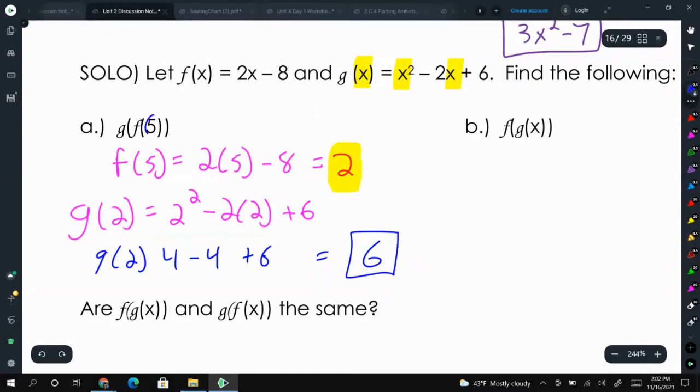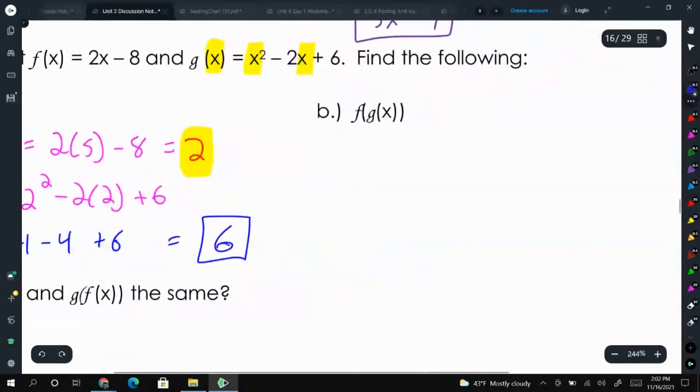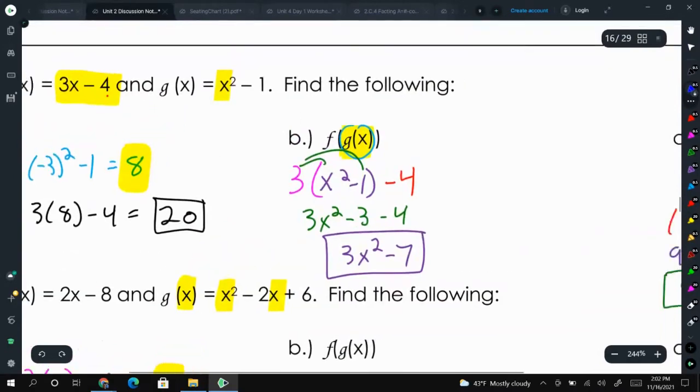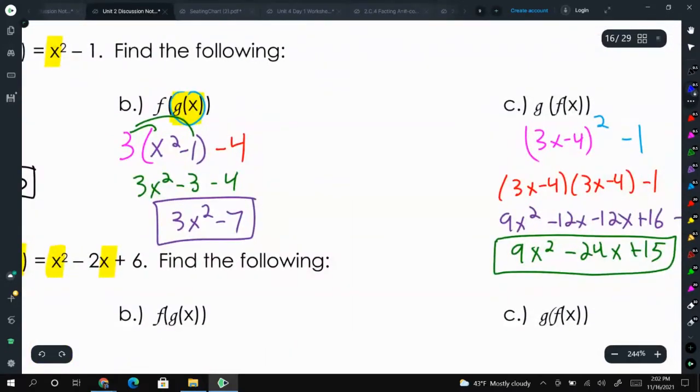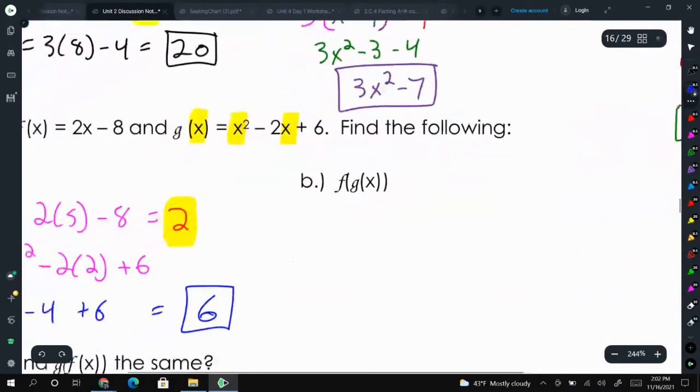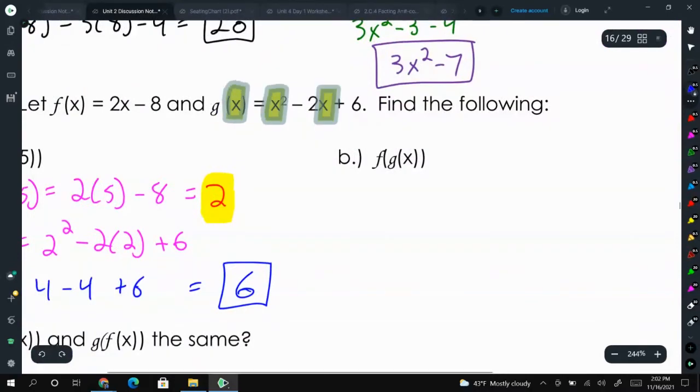So if we have a number, our answer is going to be a value. But if it's just g of x or f of x that we're plugging in, then our answer is going to have x in it. So here, f of g of x, I'm going to take this whole thing, g of x, and plug it in for x in my f equation.